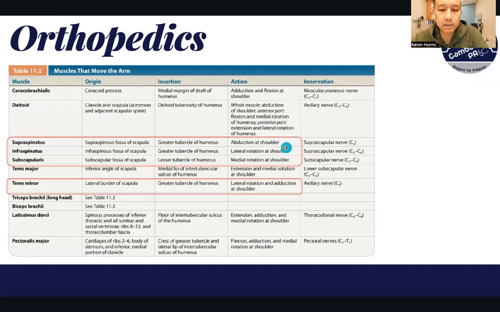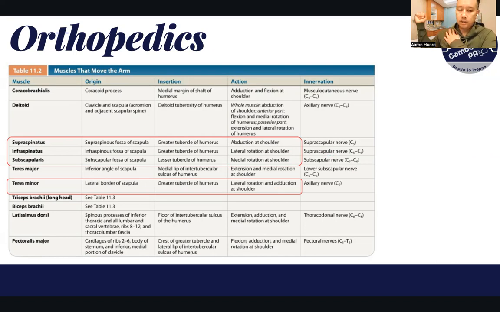All right, and these are the different rotations and movements that allow us to move the shoulder in so many different directions. So the supraspinatus is responsible for abduction, which is lifting your arm up to the sides. Infraspinatus is lateral rotation.